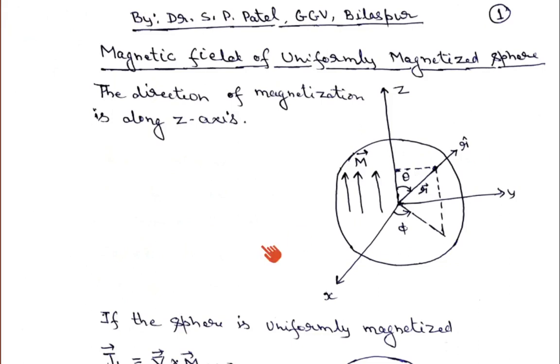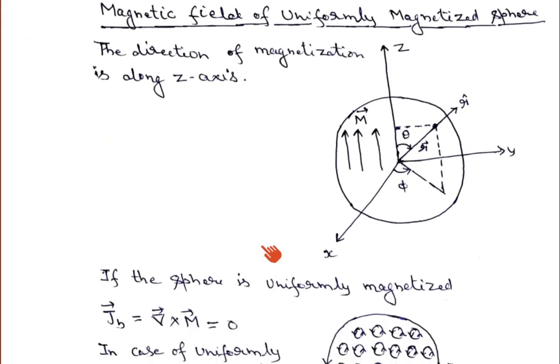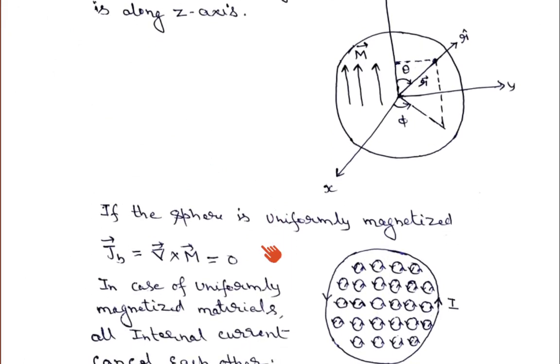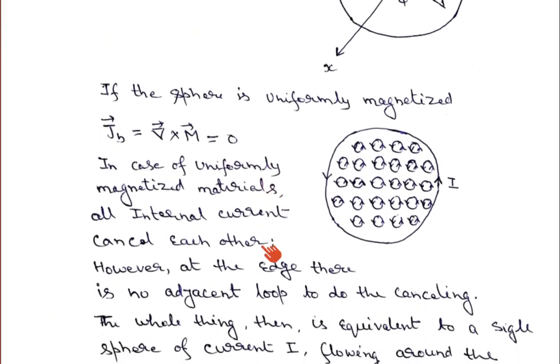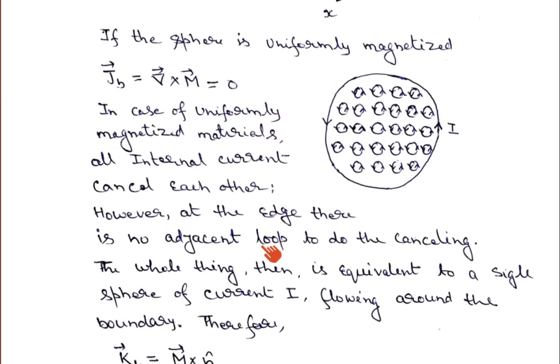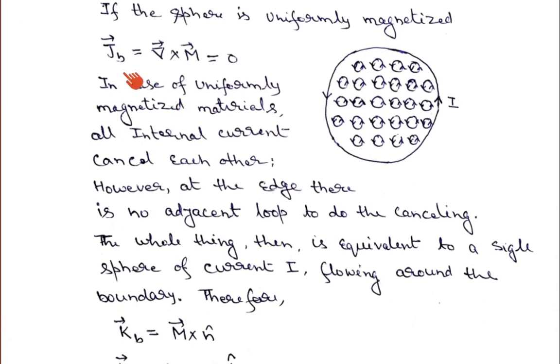In previous lectures, the theory part of this lecture, we have learned that if any material is uniformly magnetized, then the internal currents cancel each other. Therefore the volume bound current density becomes equal to 0. I have tried to show how this can be in a diagram here. Let us say we have a sphere.